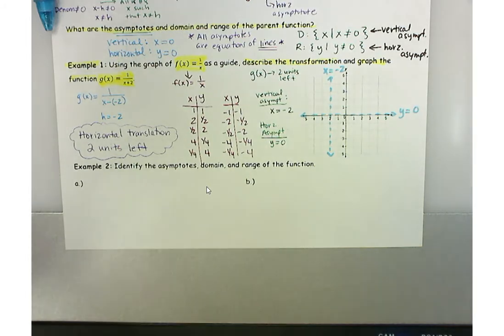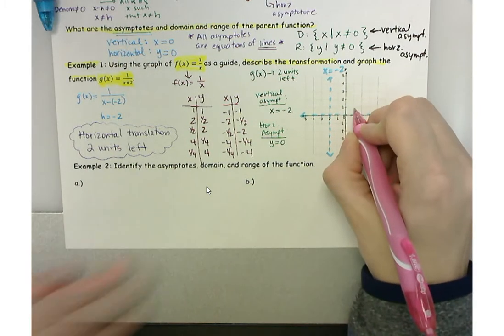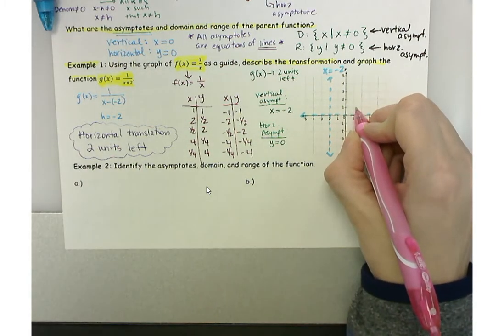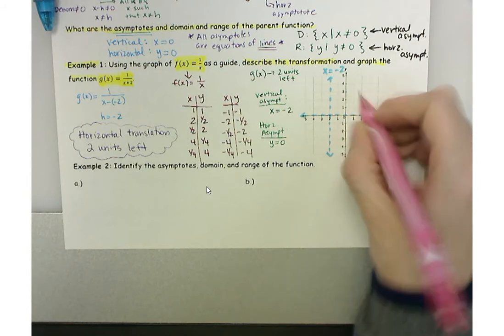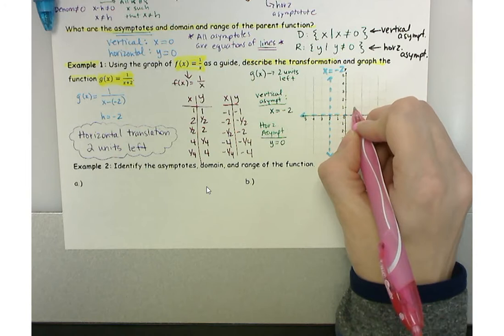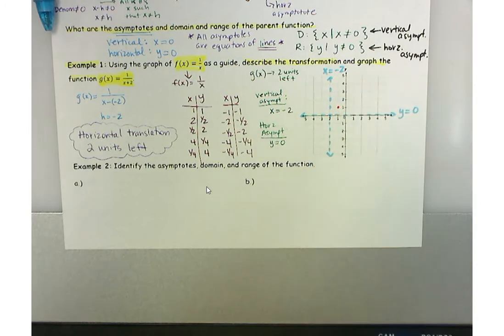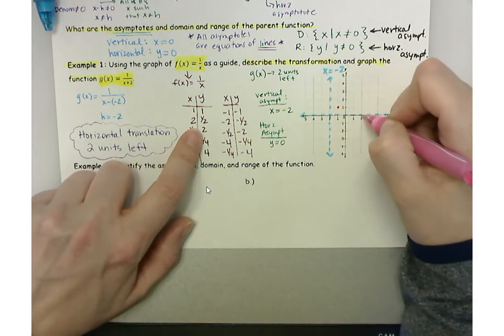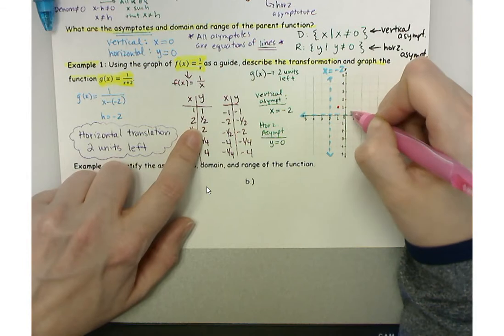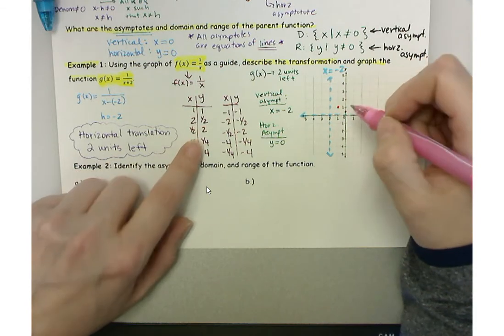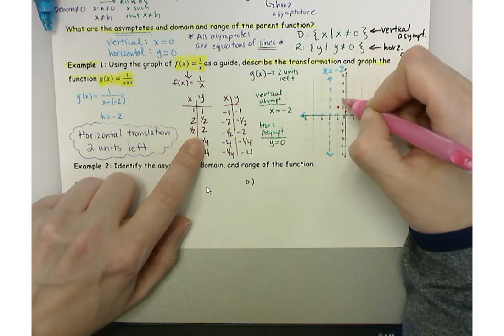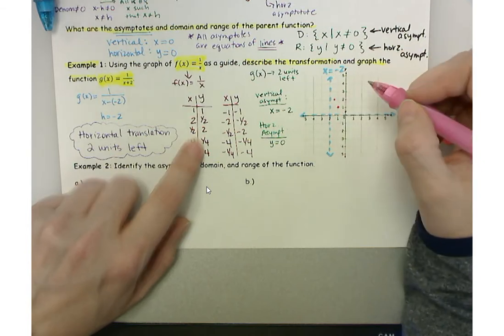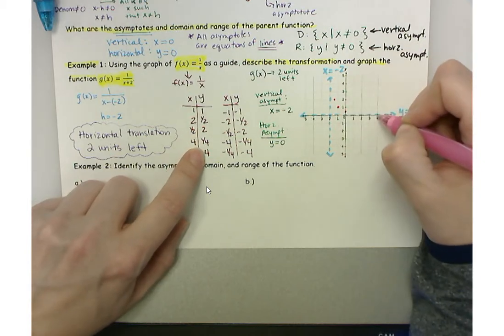I'm going to go to 1/2, 2, left 1, 2. I'm going to go to 4, 1/4, left 1, 2. And then 1/4, 4, left 1, 2. And then you're connecting these with a curve. This is going to follow both of those asymptotes.